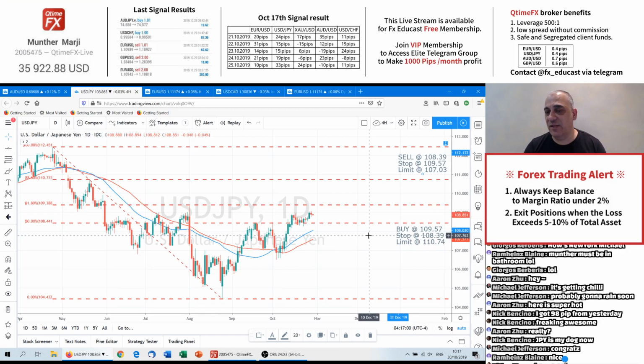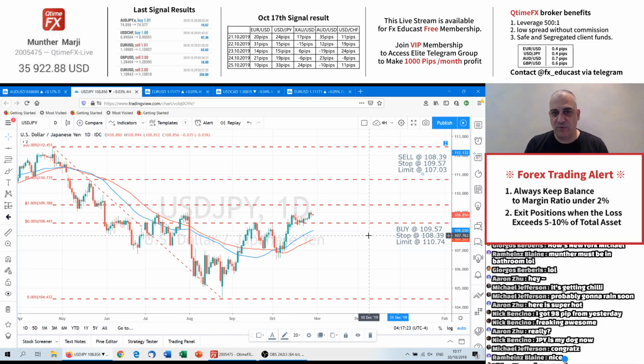The long recommendation is to buy if the price reaches 109.57. In my own opinion, that is not a big possibility, but of course it can happen. And not my favorite scenario. My favorite scenario is the sell position. But if this surprise happens and the dollar yen keeps moving to the upside and reaches 109.57, we can buy.